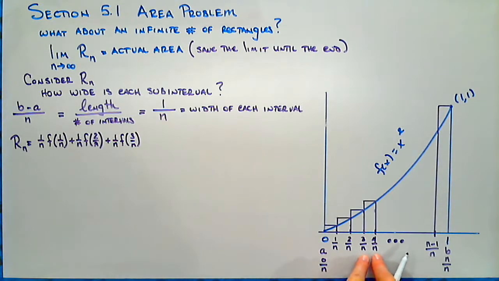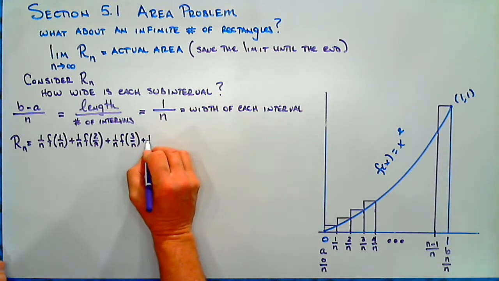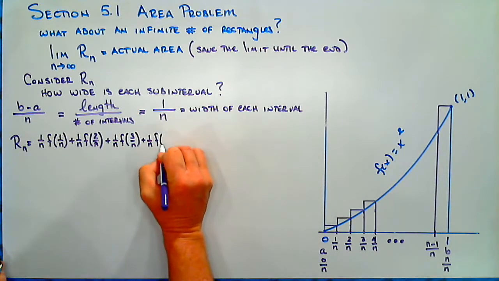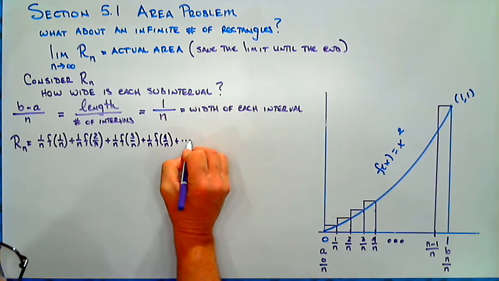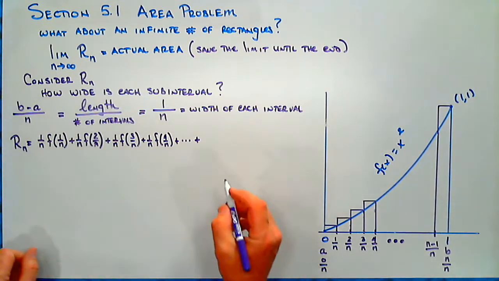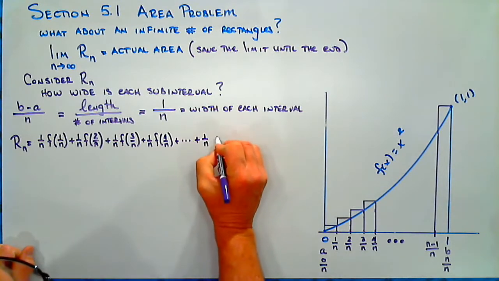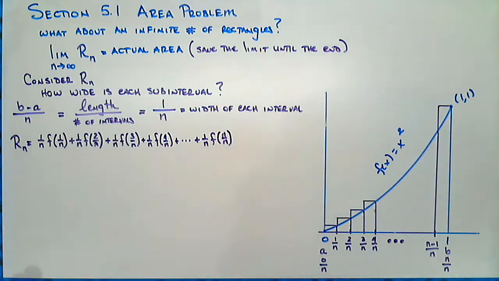This is on the right-hand side. It's 1 over n wide. And this is going to keep going until we get to our last rectangle. Our last rectangle has this on the right-hand side. It's still 1 over n wide, though, so we still get 1 over n, f of n over n.